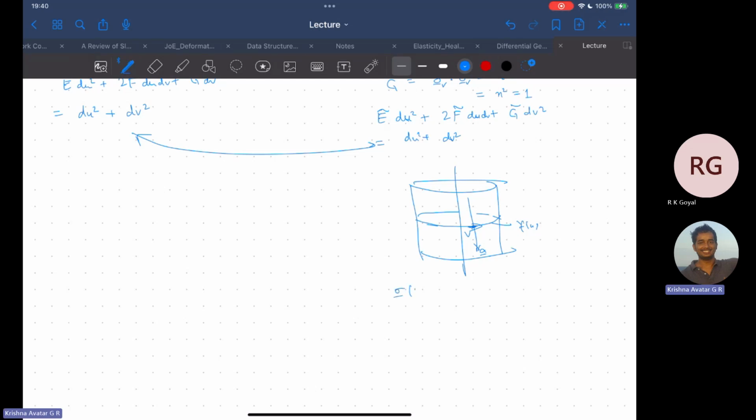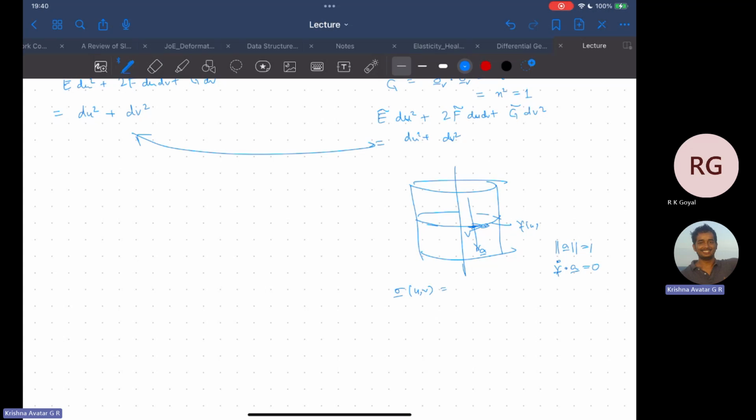So this will be sigma vector (u, v), and the a vector is purposely taken to be a unit vector. In a cylinder the tangent vector will be perpendicular to the rulings, which means that gamma dot dot a vector is going to be 0 by construction.